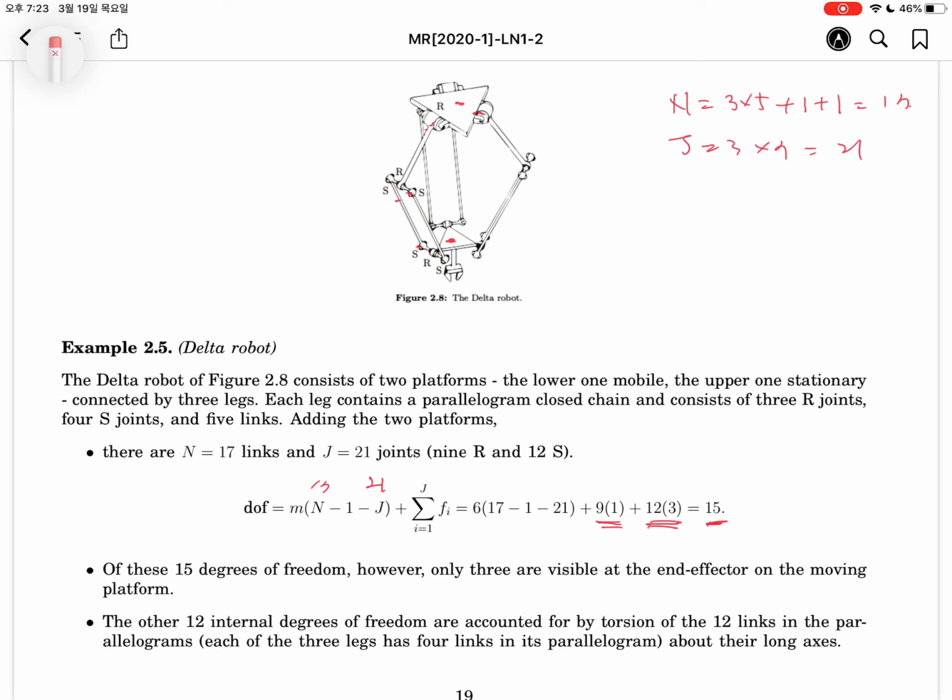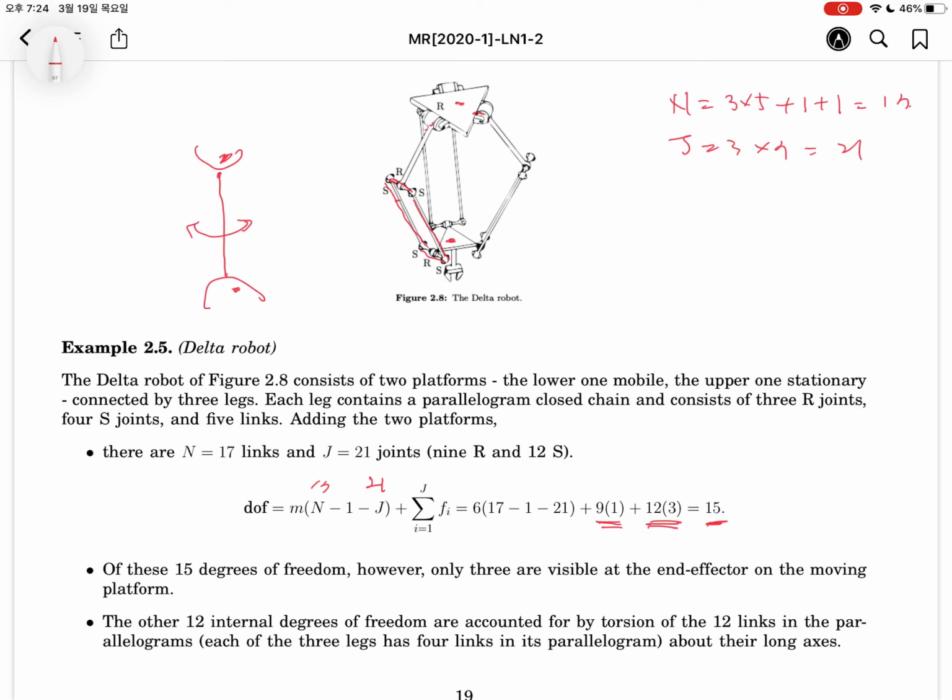Let's explain it. This is a spherical joint. This is another spherical joint. If they are connected using some rigid body, actually it can be rotated along the longitudinal axis. This kind of motion is possible between the spherical and the spherical joint. So in here, it has one internal motion, another, and another.